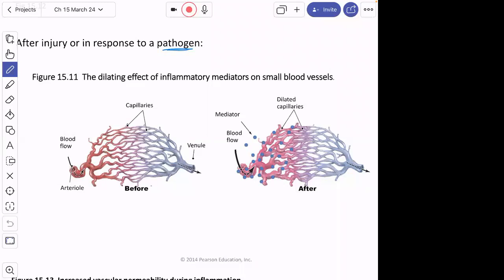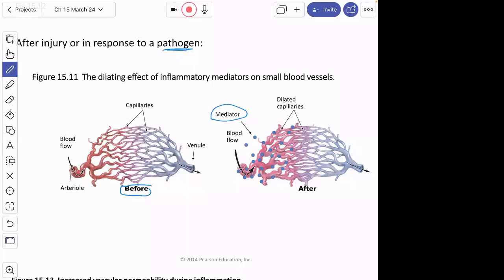before that injury, here's what your blood vessels should normally look like. Your arteries, your capillary bed, and your veins. Okay, and then say there's some kind of injury. If you're breaking the skin, typically your blood vessels would constrict right away because you don't want to bleed out. But then soon after, as inflammation starts taking effect, here's some inflammatory mediators, these blue dots.